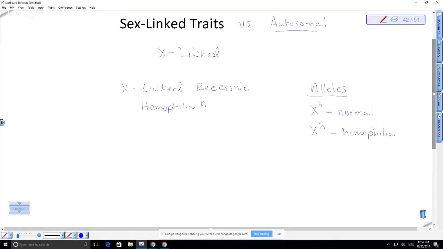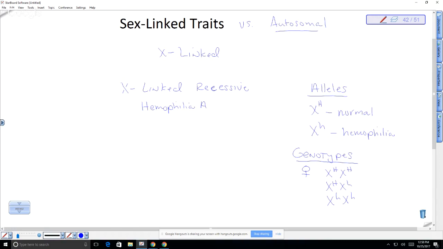Then I'm going to draw my genotypes. Right? So that's the combination of chromosomes. So for the female, I could have this combination, I could have this combination, or it could be this combination. So that's all the possible combinations. Okay.